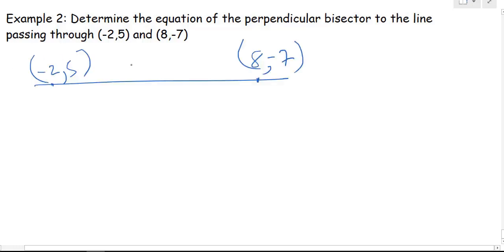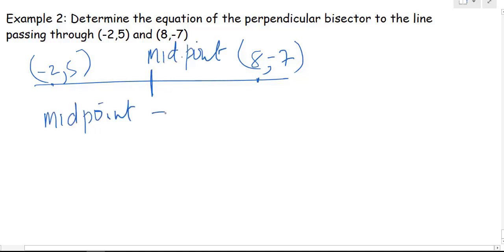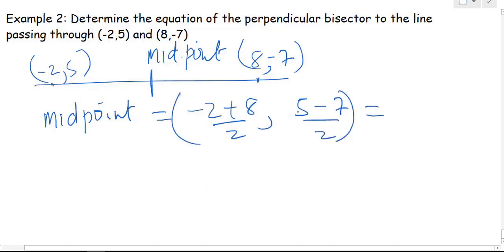We realize that the perpendicular bisector for the line through minus 2, 5 and 8, minus 7 cuts this line at the midpoint, and therefore we determine the coordinates of the midpoint. The midpoint is (minus 2 plus 8) over 2, (5 minus 7) over 2, and this becomes 3, minus 1.